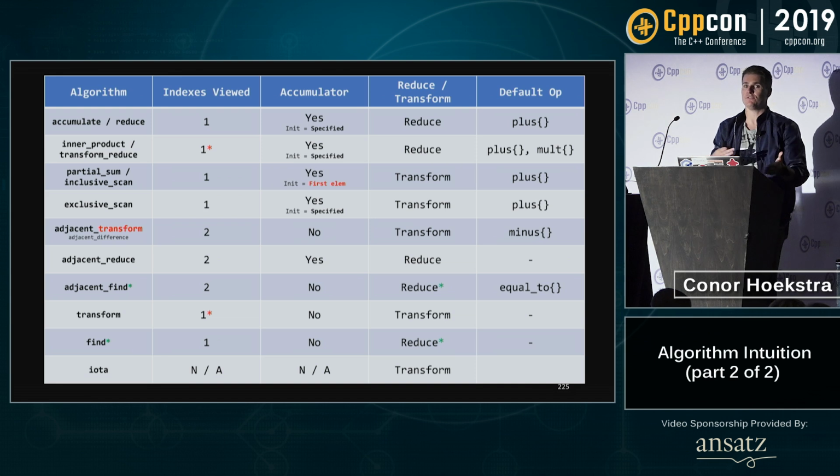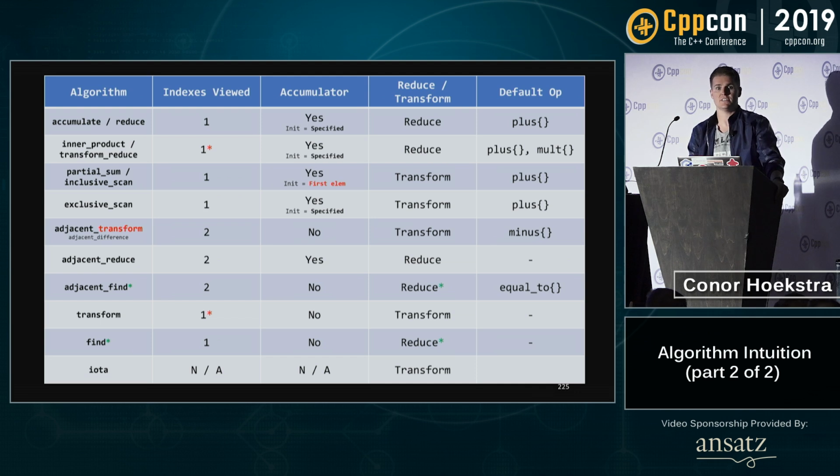So it's basically looking for two elements next to each other that are equal to each other. But you can do a ton of different things with adjacent find. There's an algorithm in the STL called is_sorted_until. You could implement that in terms of adjacent find by overloading the default binary operation with less than. And so it's just really important to acknowledge these default operations.